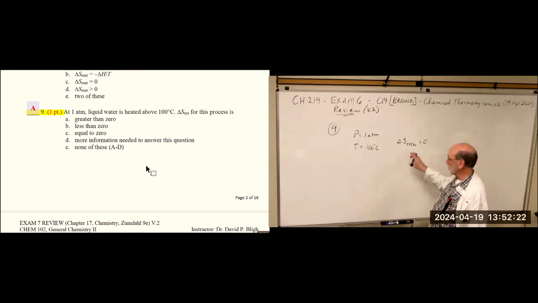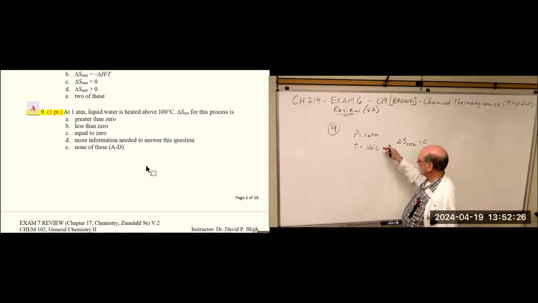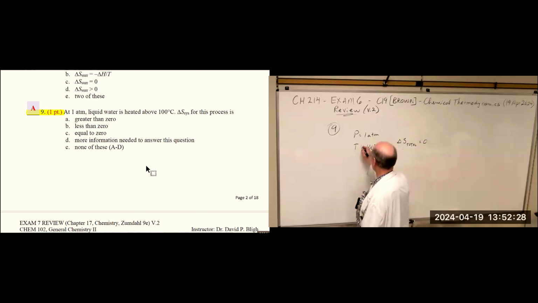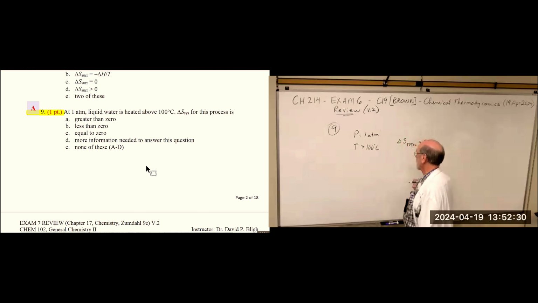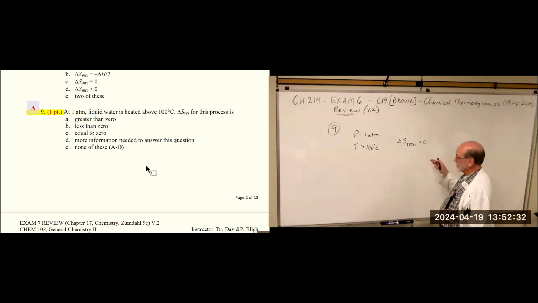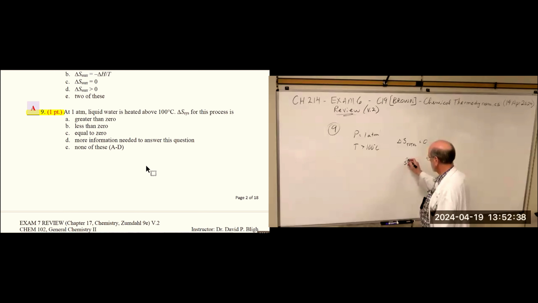That's always the case for equilibrium. Okay. But if we heat it to temperatures greater than 100 degrees, now we've got an endothermic process. Right? We've got a system, which is the water that's boiling, and we're extracting energy from the surroundings to increase the temperature above its equilibrium point.